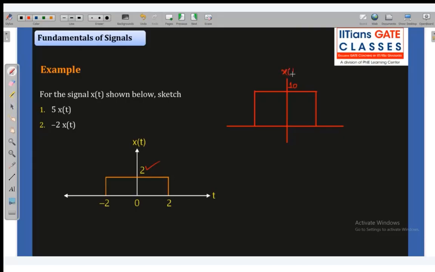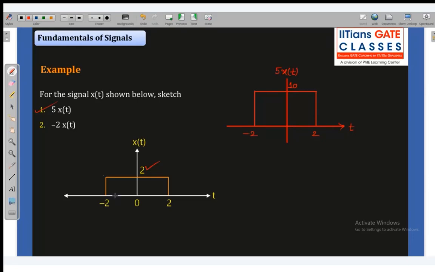This is x of t. The shape is the same, but now this is 5 times x of t. This is -2, this is 2. So 5x(t) means the amplitude is increased without changing the shape.